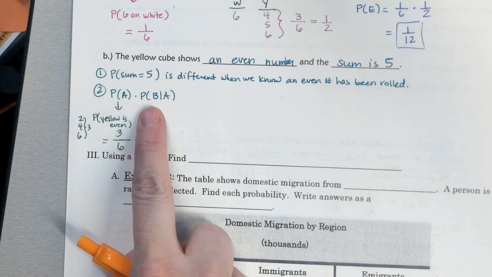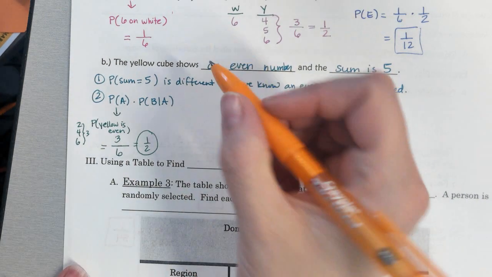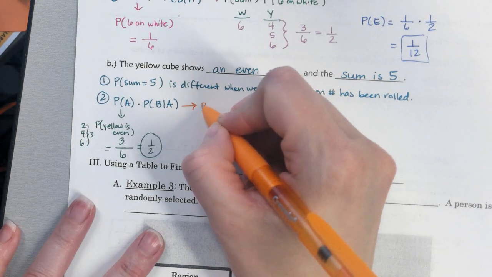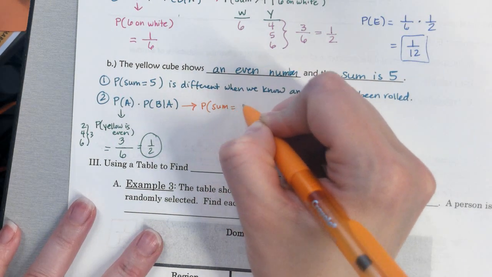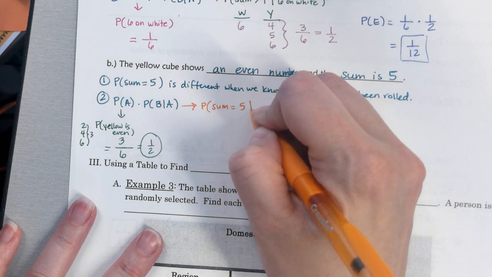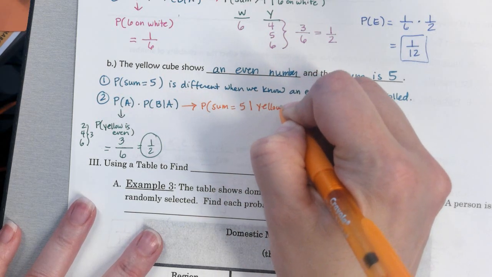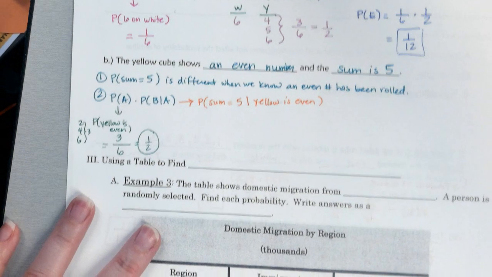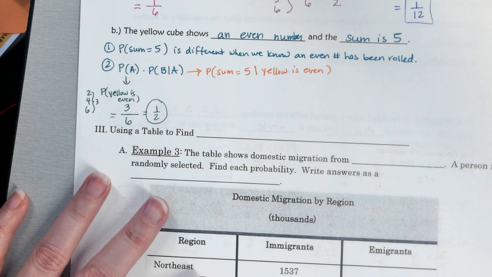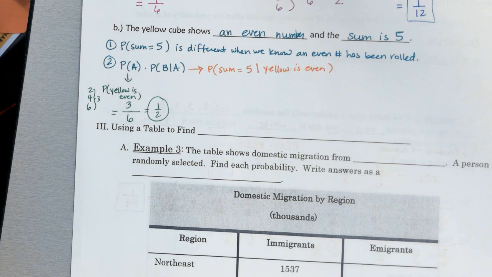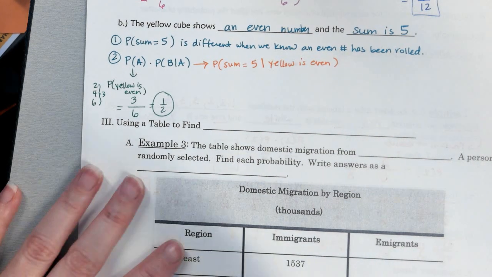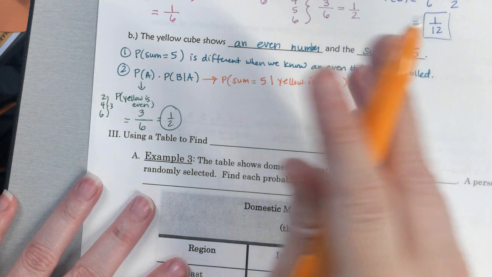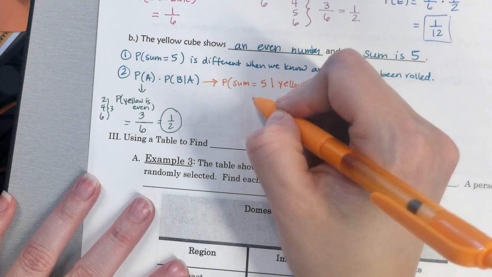The probability of A is just this event. The probability of B given A is what we're going to calculate: the probability that the sum equals 5 when we know yellow is even. Again, I like to write out my choices. That helps me understand what my total is, and you'll definitely want to do that for ones like this.